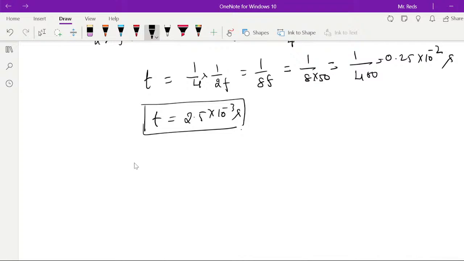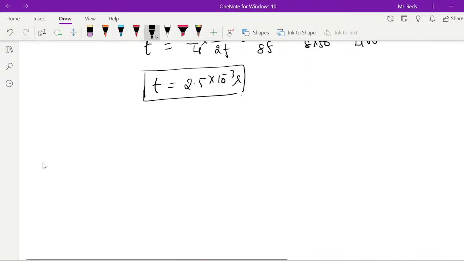Question number 14. So what is given here? It is given that a condenser of capacity 1 picofarad. Condenser means capacitor, keep that in mind.